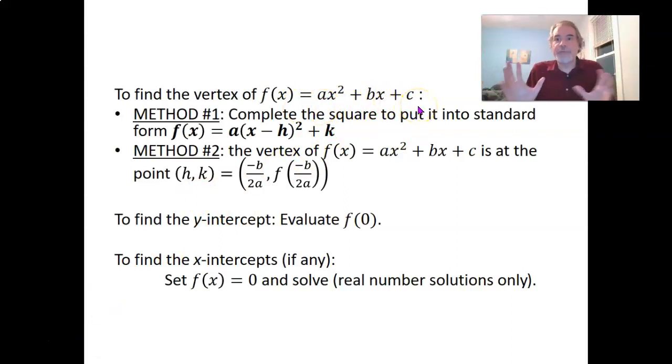You would set it equal to 0 and solve, and here we only care about real number solutions. If you have imaginary solutions involving i, then they're not going to show up on the graph, and you don't have any x-intercepts. Okay, let's go back to that example we were looking at and work through it.